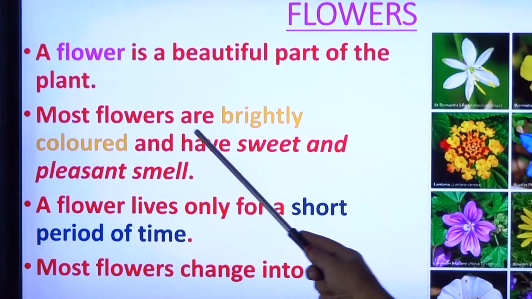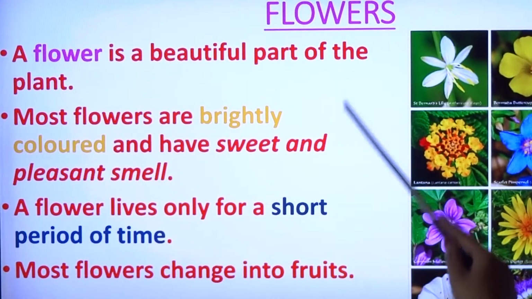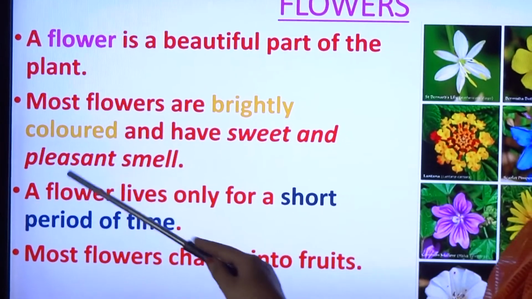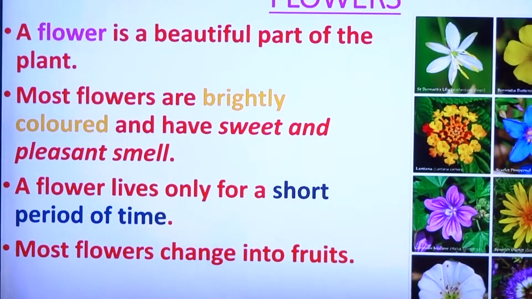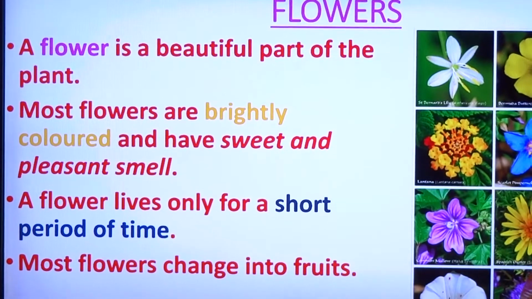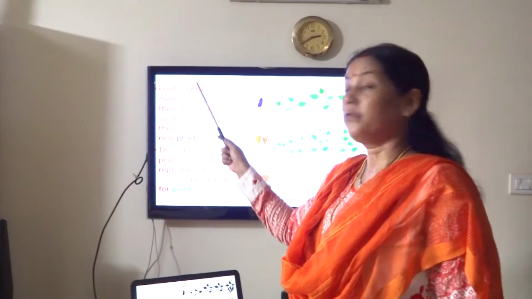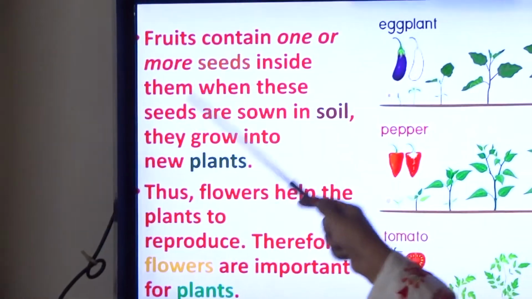Most flowers are brightly colored and have sweet and pleasant smell. A flower lives only for a short period of time. Most flowers change into fruits. Fruits contain one or more seeds inside them.